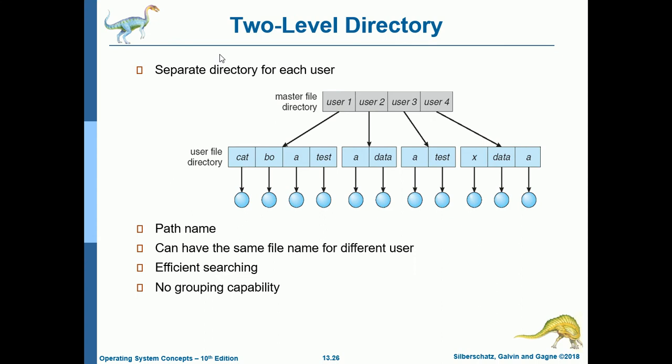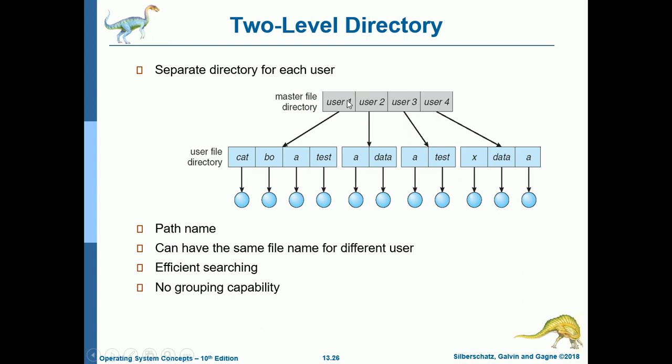Okay, next is we have a two-level directory. So we have a master file directory, named after the users, and then they have their own set of directories, and we have the files. By means of a two-level directory, there is already a path name. And it is also possible to have the same file name for different users, of course, because it's a different directory.